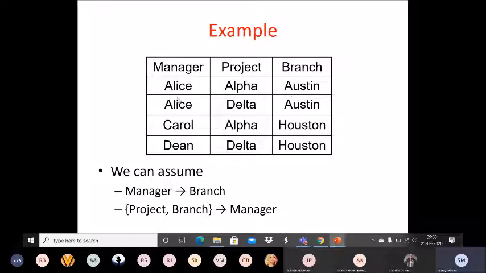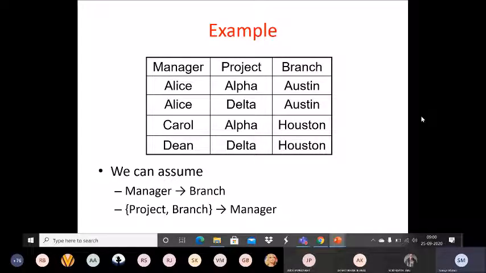Why? Because one manager can't work in two branches, right? So Alice is working on two projects but in the same branch, that is Austin. But the same project, Alpha or Delta, you can see can be established in different branches, Austin and Houston, and these are the manager names.